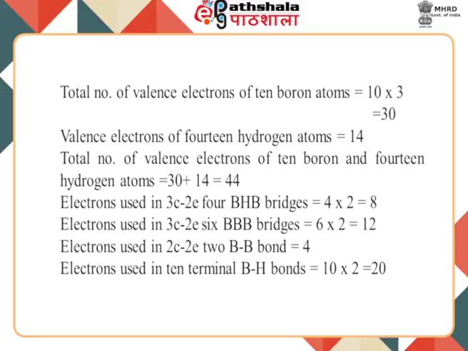Electrons used up in the 3 center 2 electron 6 BBB bridges is 12. Electrons used up in the 2 center 2 electron 2 BB bonds is 4, and the electrons used up in the 10 terminal BH bonds is 20.